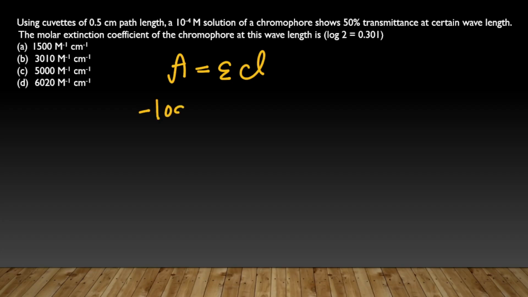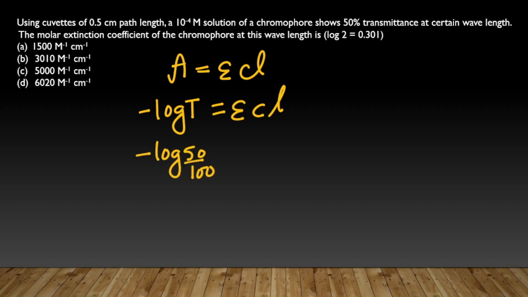Absorbance is nothing but the negative log of the transmittance value, which is epsilon c l, right? So now the transmittance value is 50%, so 50 upon 100 is equal to epsilon. The concentration value is 10 raised to the power of minus 4 and the length is 0.5 centimeters.